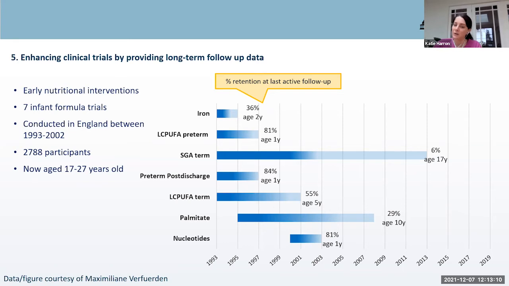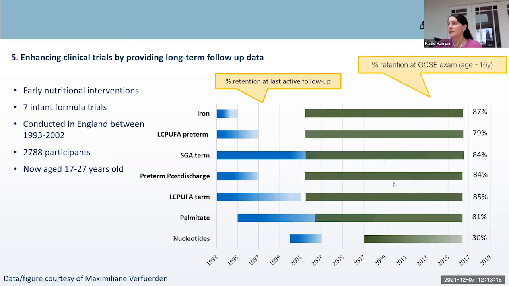So by linking the old trial data to up-to-date administrative data, they were able to increase the follow-up to over 80%. Over 80% of participants in the original trials were linked to their GCSE examination scores at age 16.